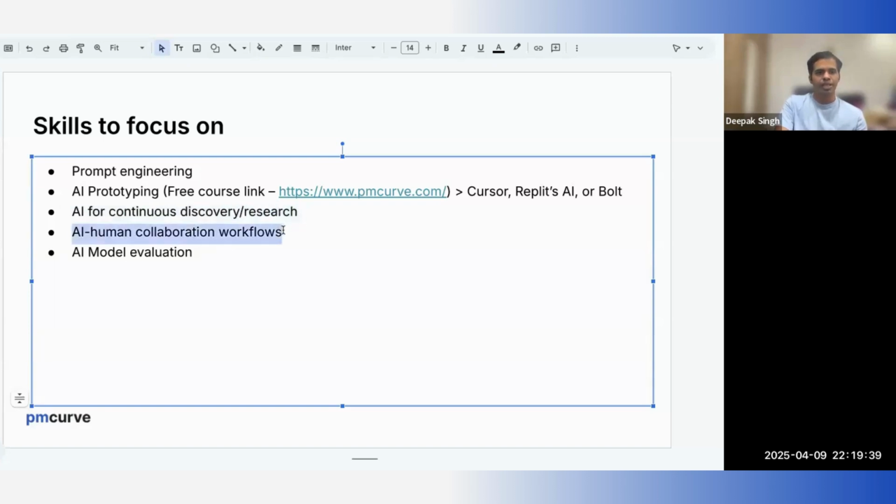The fourth thing, which we didn't talk much about, but is very, very useful, is learn how to build AI-human collaboration workflows. There are tools like n8n. And you can go and ask Claude what other workflow tools there are, and it will give you a list.